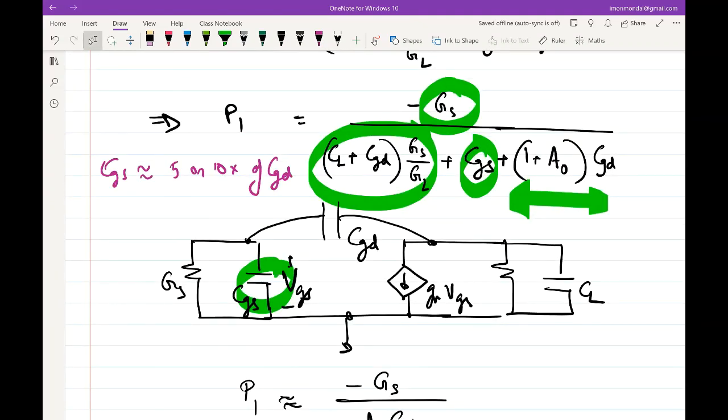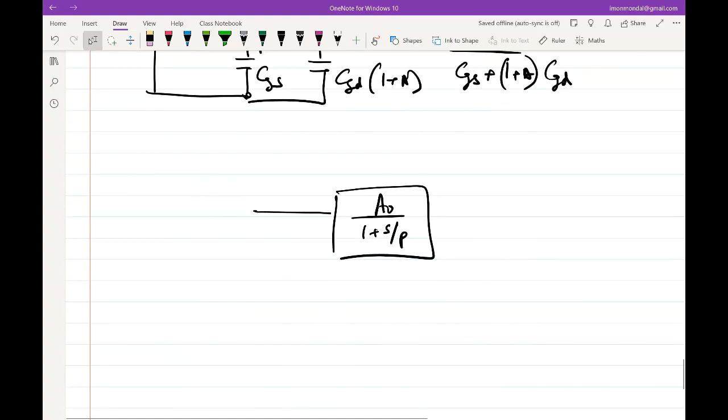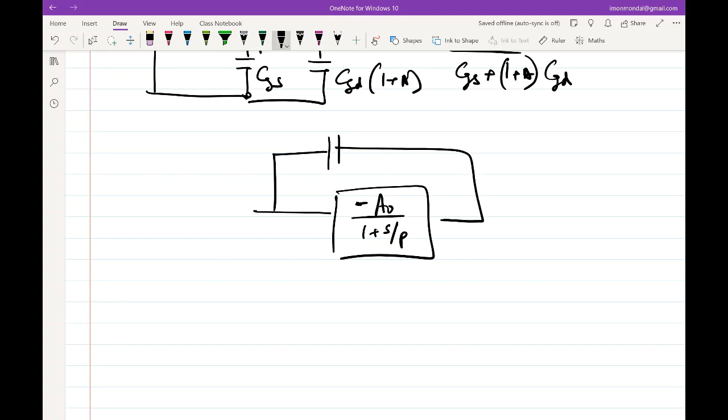So let's say CGD is not there, then voltage here is a low pass filter, right? GM-VGS flowing into a parallel combination of R and C. So we have a pole. So this is what is getting modeled like this. Okay, so minus A, and I put a capacitance across it. Okay, so what is the impedance looking in? So let's say I put a V test.